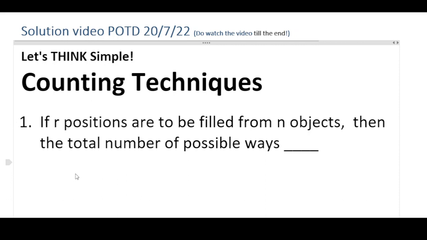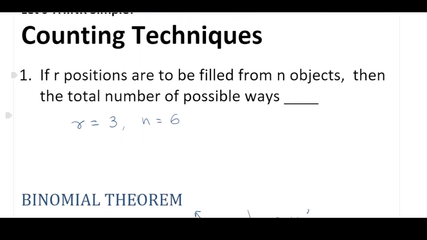Let me choose some particular values of r and n so that you can quickly understand. Let us suppose that r is 3 and n is 6. What it means is that I have a total of 3 positions.